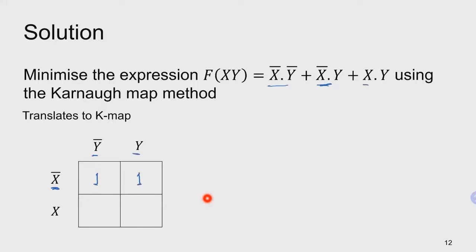And then we got x and y, so x and y, got a 1 here. Meaning that this term here is missing.